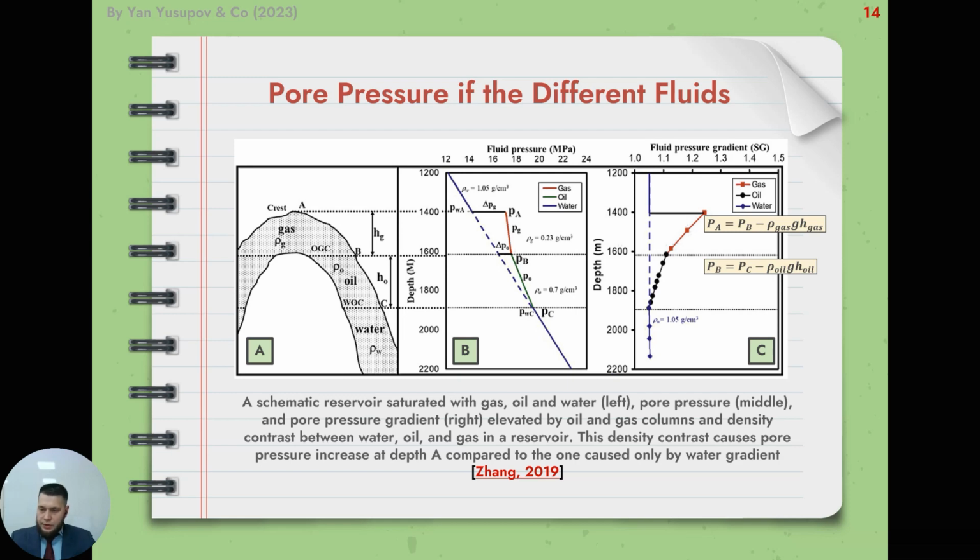If fluid pressure at some depth is known, and fluid densities and depths of water-oil contact and oil-gas contact are also known, then the pressures at other depths can be obtained by using the previous equation.